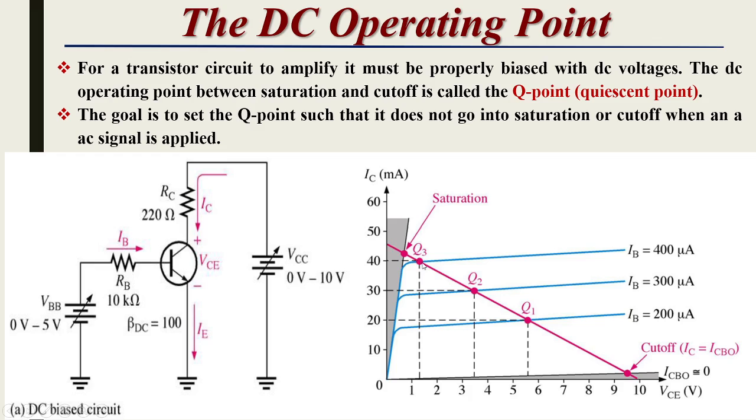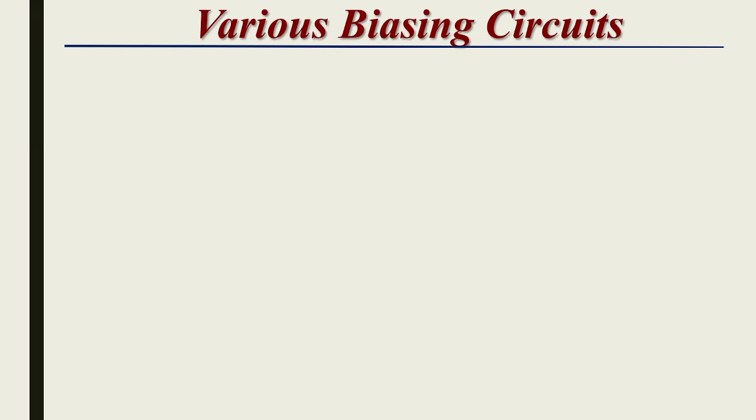For a faithful amplification, the quiescent point must be at the center of the active region, and it must be stable at that position.